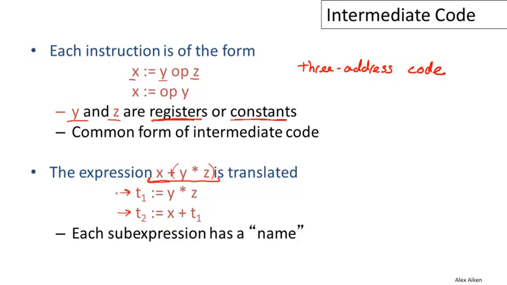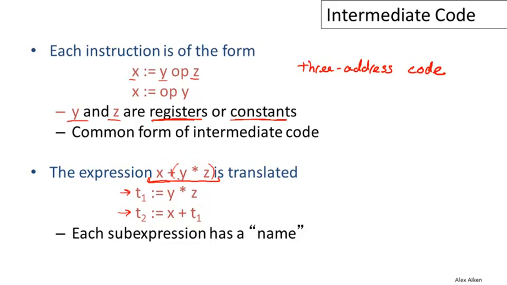And notice that one effect of forcing you to use only one operation at a time, basically you can do one primitive operation at a time, and then the result of that has to be stored in a register, is to give every sub-expression of the program a name. So if I look back at this expression here, y times z is anonymous.